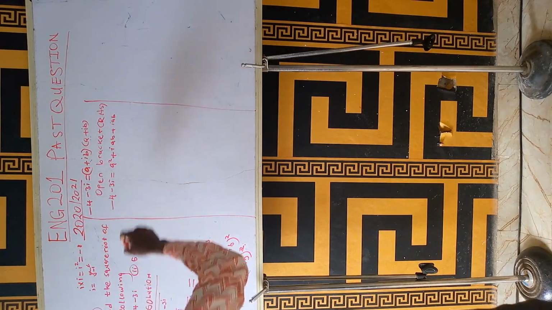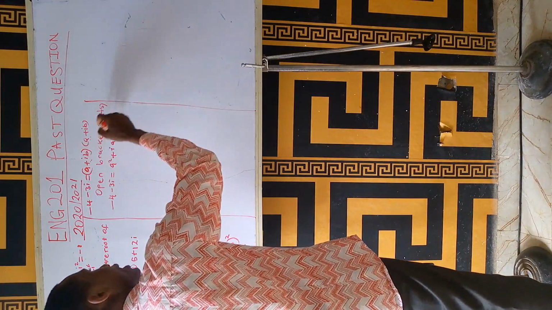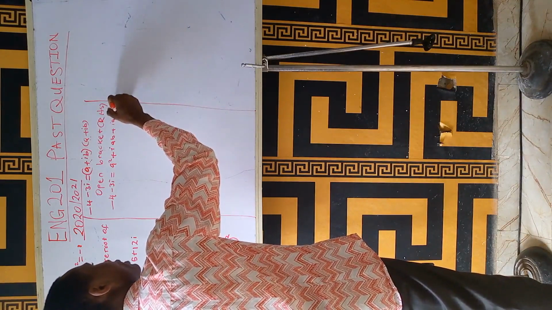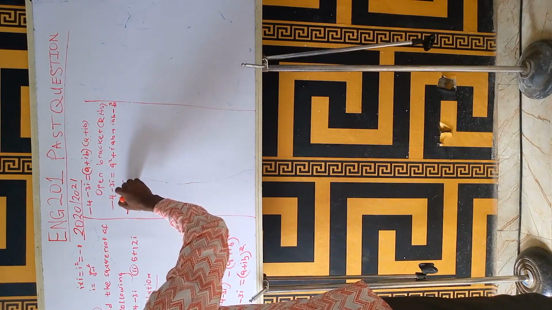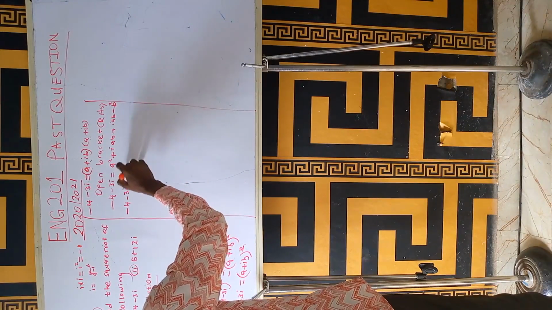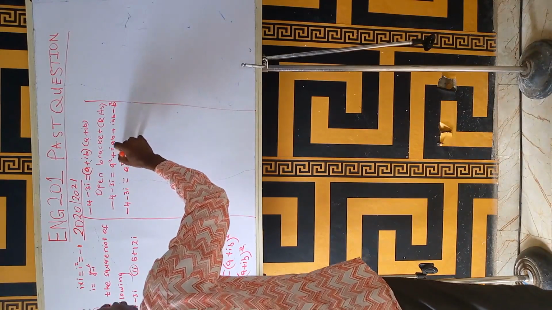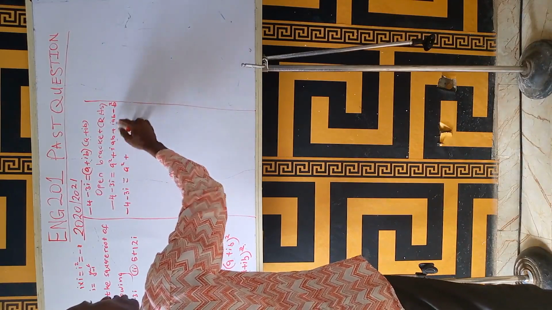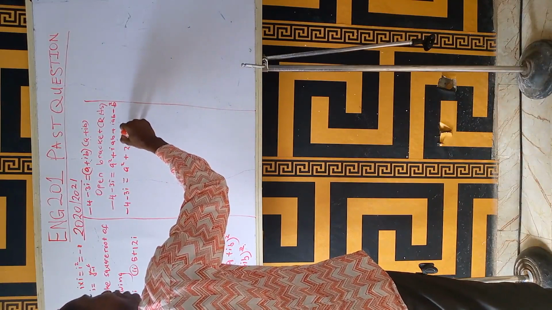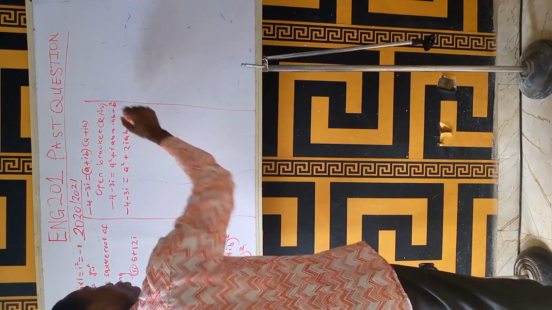The square root cancels the square, and therefore your i squared gives minus b squared. Definitely you are going to have minus 4 minus 3i equals a squared plus i, and the two iab terms can be added together to give 2iab, minus b squared.